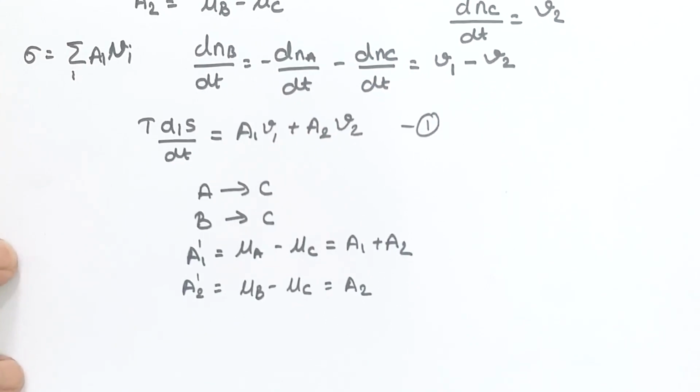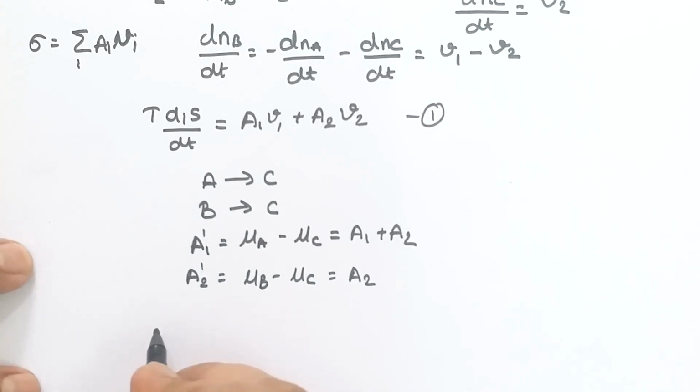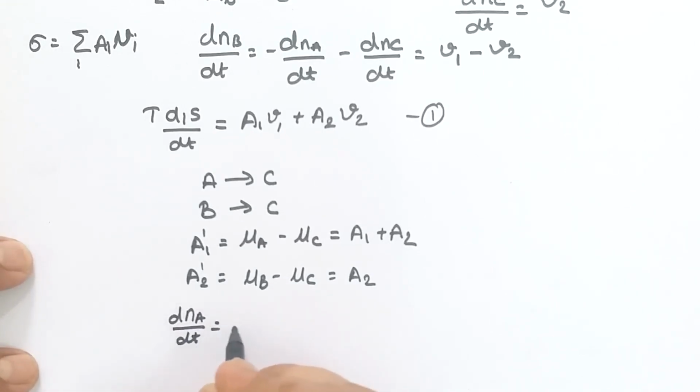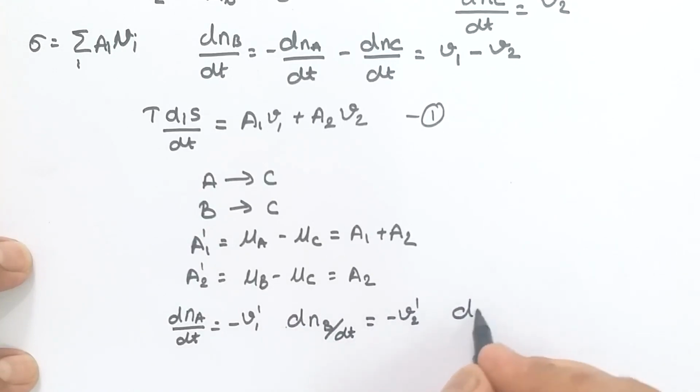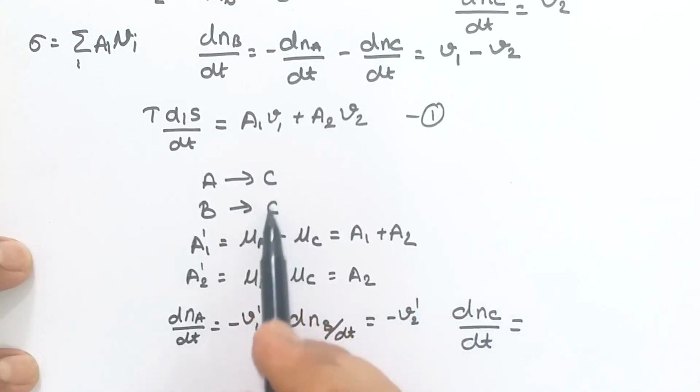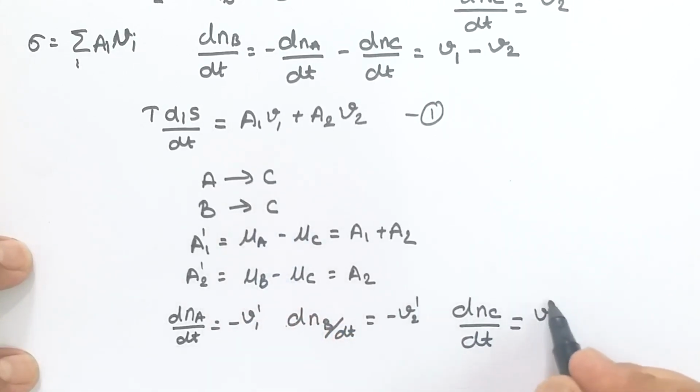Okay, so these are the affinities, and similarly the rate of consumption, that is dNA upon dt, we can write as minus nu1 prime. Similarly dNB upon dt we can write as minus nu2 prime, and dNC upon dt, that is the rate of formation, since in both the steps C is forming, will be nu1 dash plus nu2 dash. Okay, so these are the expressions.